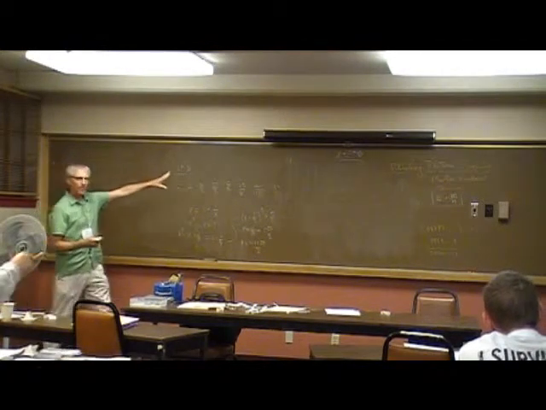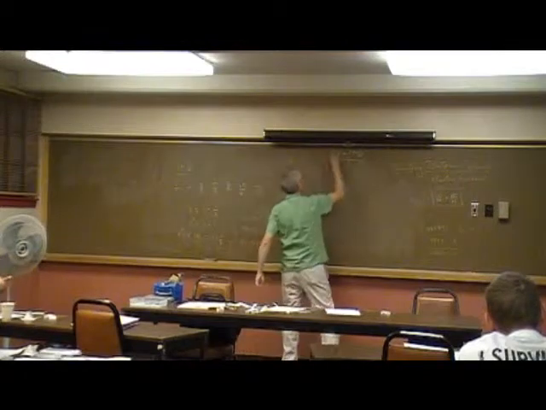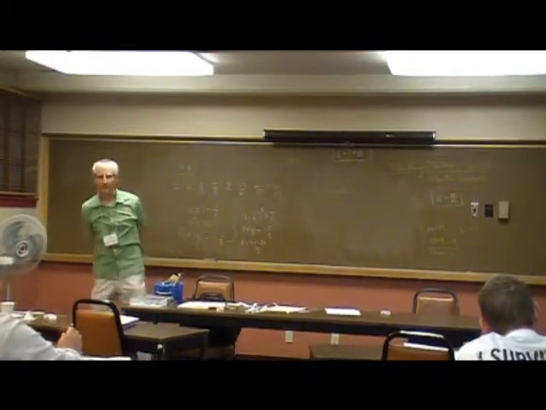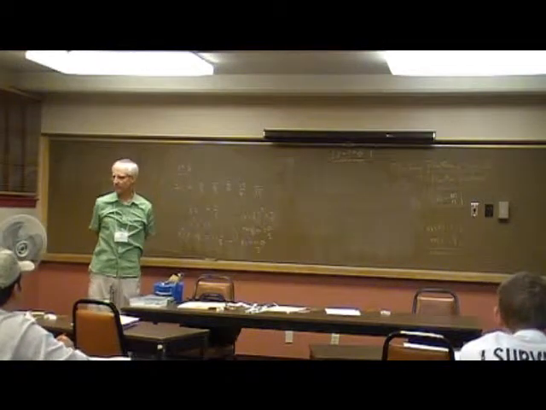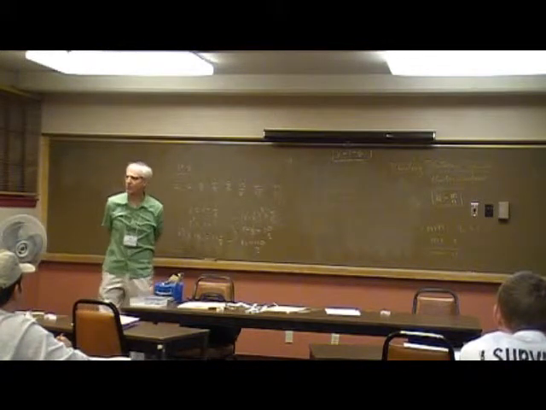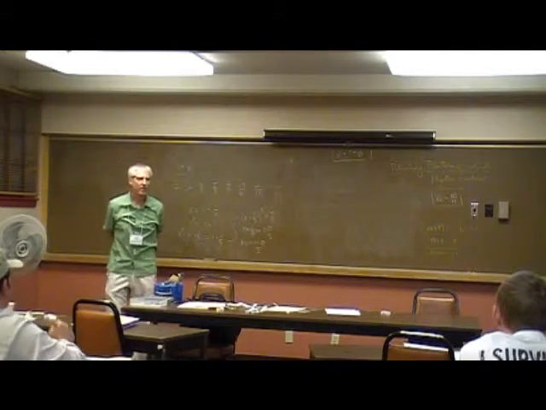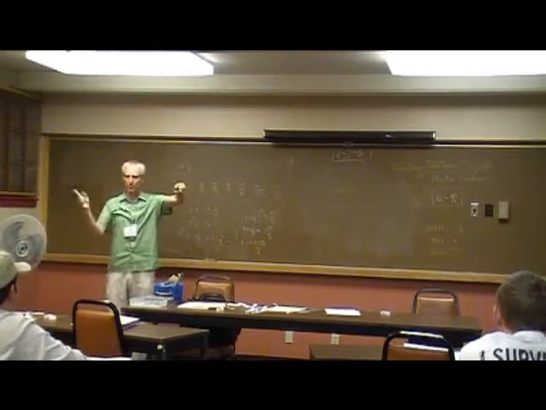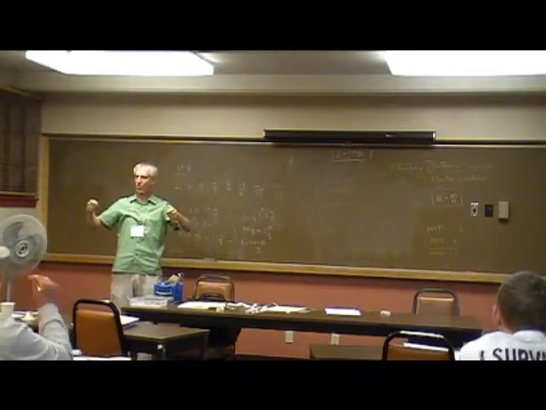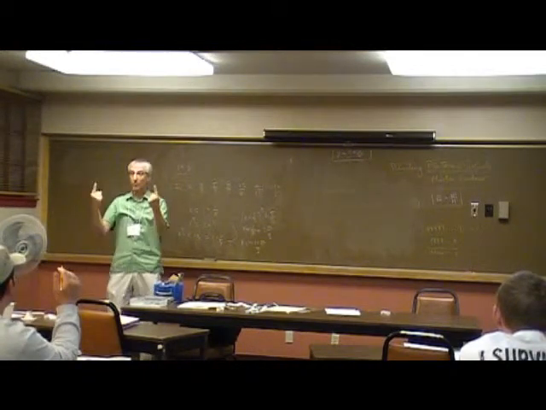Okay, so now back to this question, can we graph this? What does y equals just 1 over x look like? It has two pieces. And what happens when you add 1 to it? It moves it up.